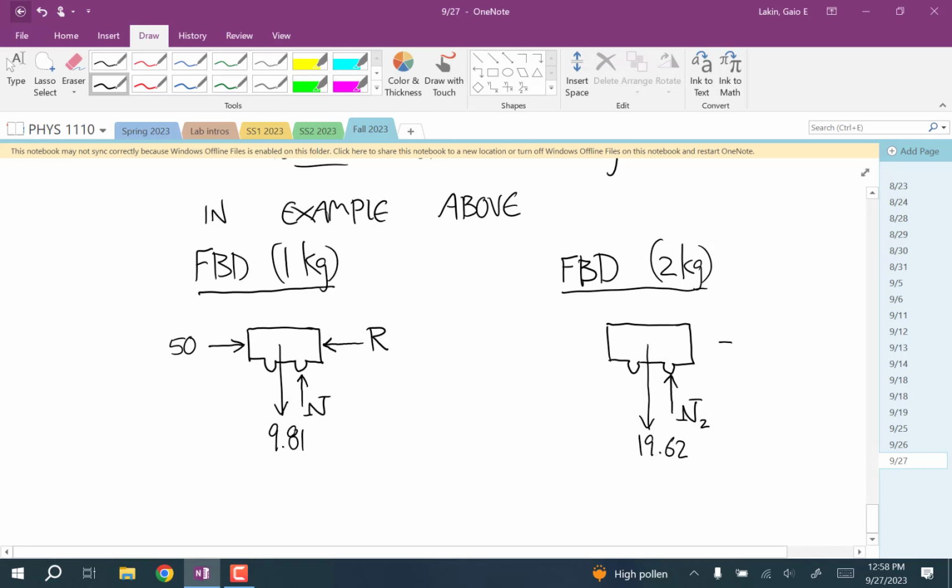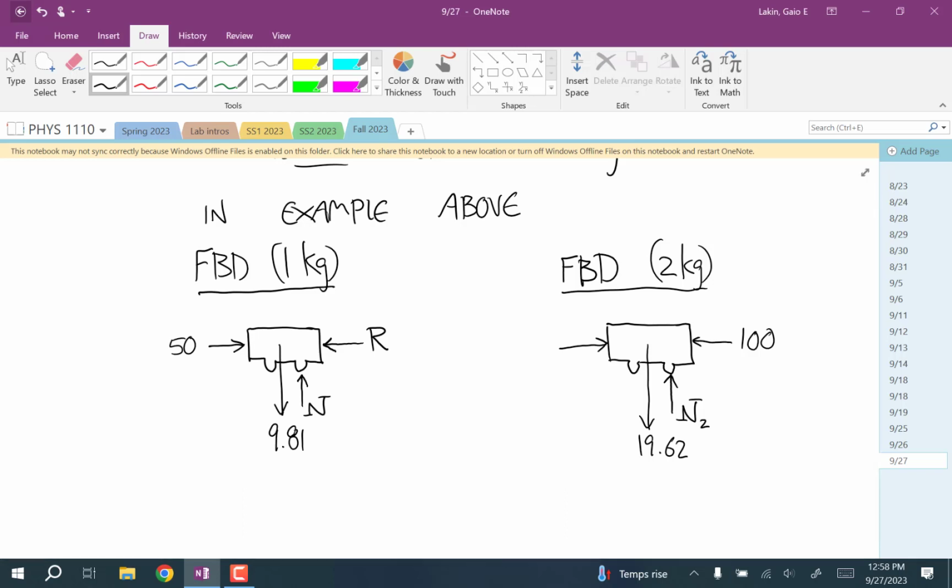Then there's the 100 newton force over here. And then last, there's a pushing contact on this side from the 1 kilogram. It's perpendicular to the surface toward the chosen body. And this is an important thing with pushing contacts.